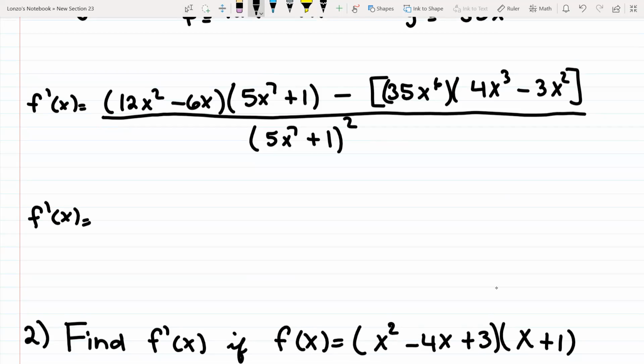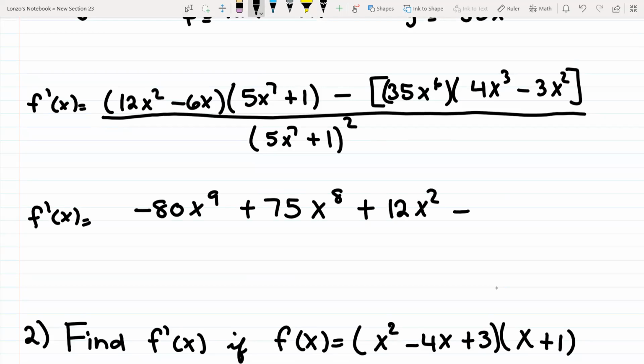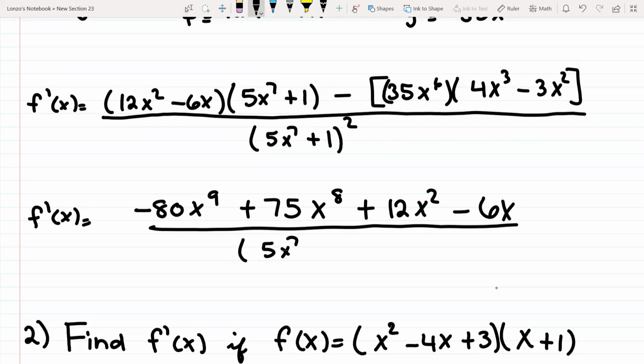So the numerator simplifies to negative 8x to the 9 plus 75x to the 8th plus 12x squared minus 6x, all over 5x to the 7th plus 1 squared.